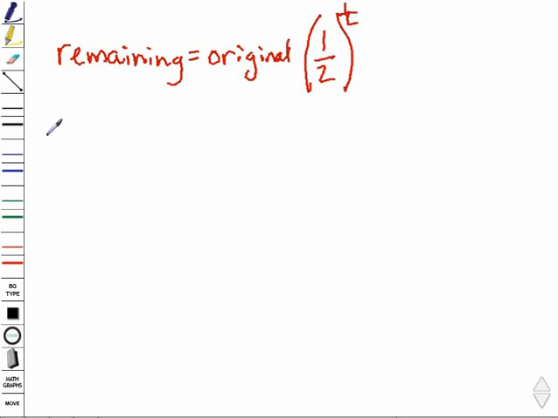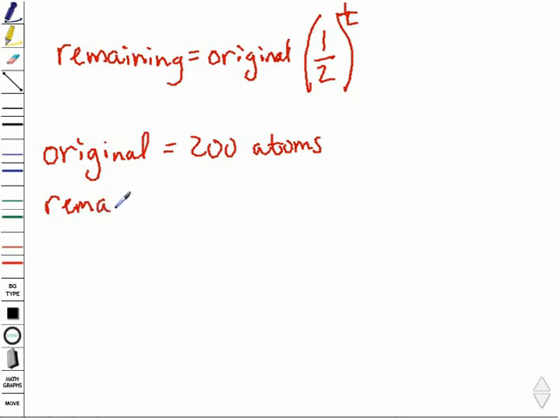So, for example, if we had an original sample of 200 atoms, and we had 75 atoms remaining, we could determine how many half-lives have passed in this situation.